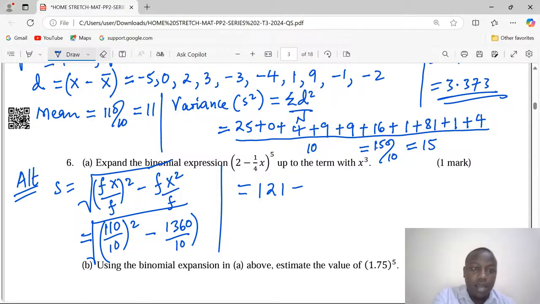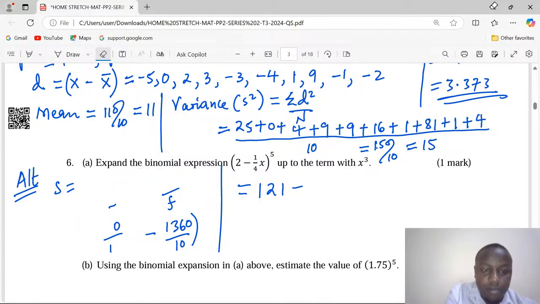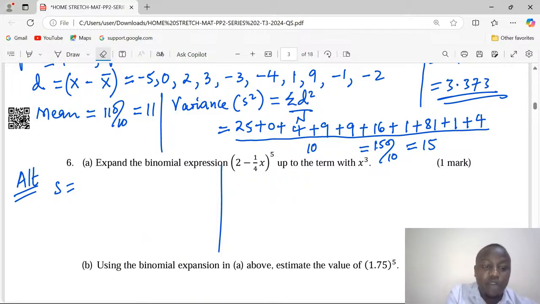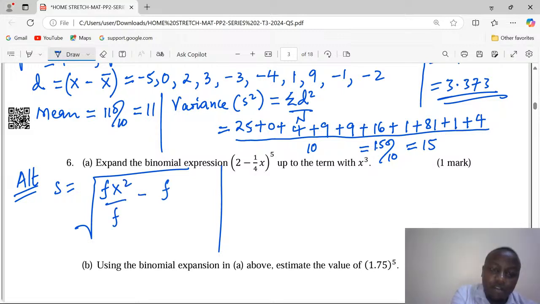And remember, the formula should begin with f of x squared. I think this is even a quicker method, whereby we can say standard deviation can be given by the square root of, we take f of x squared divided by f minus f of x out of f now squared. Yeah, that way.